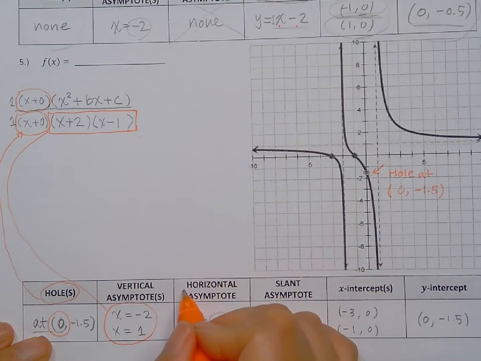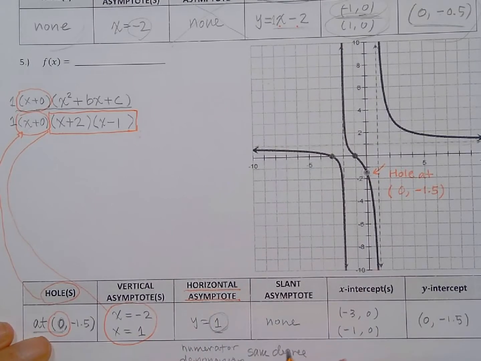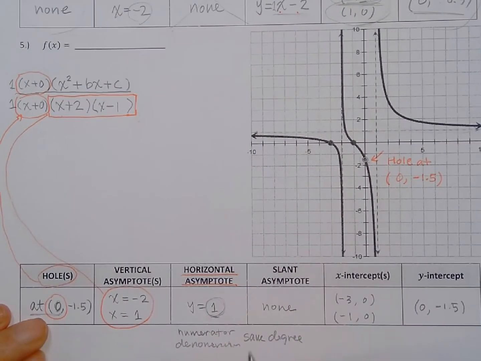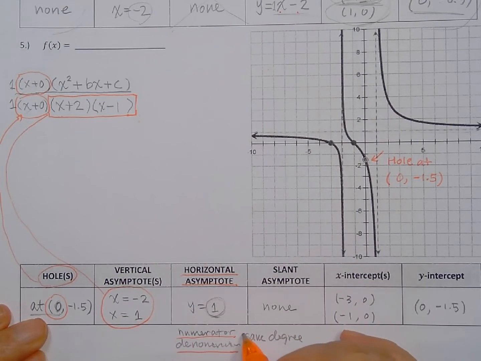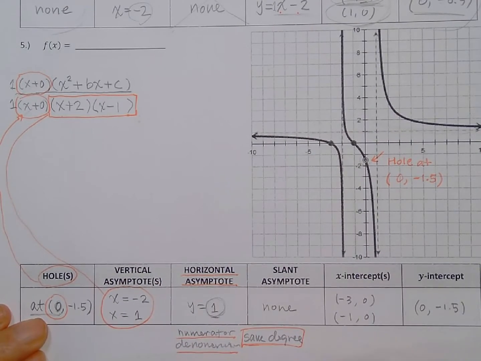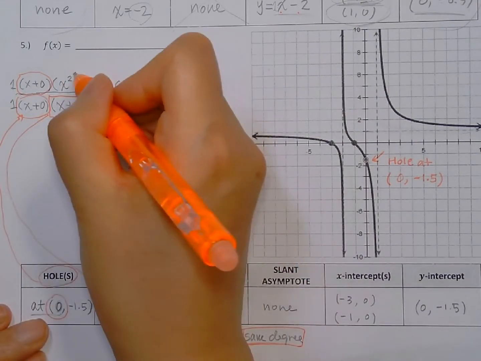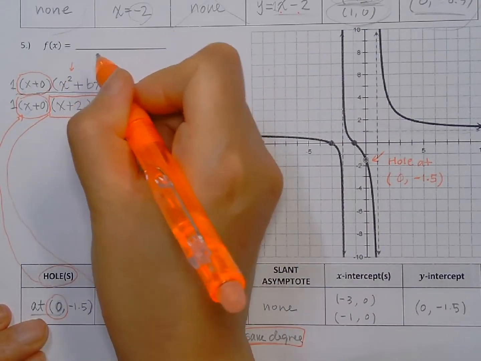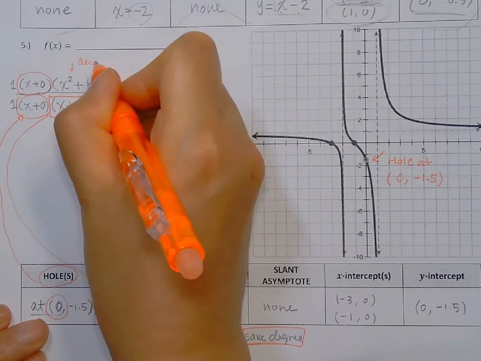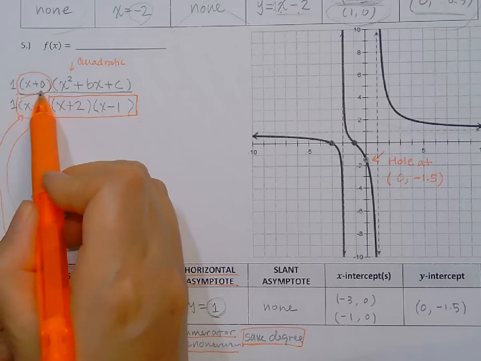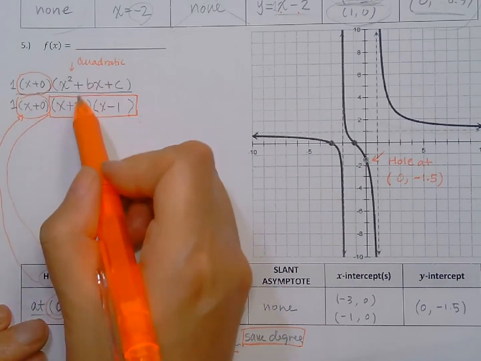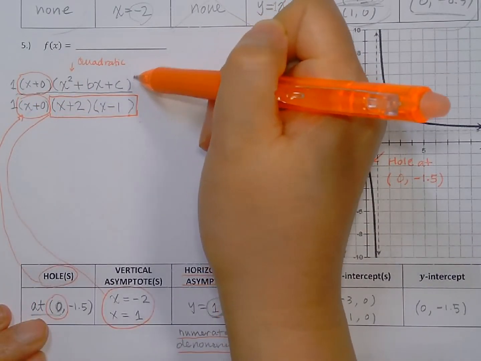Then now, the horizontal asymptote was telling us that the degree of the numerator and the degree of the denominator should be the same. So we were finding the degree 2, the quadratic expression besides this common factor on the numerator side.